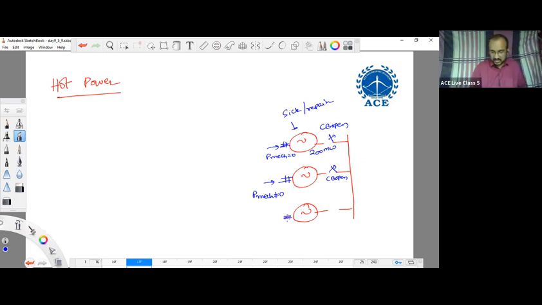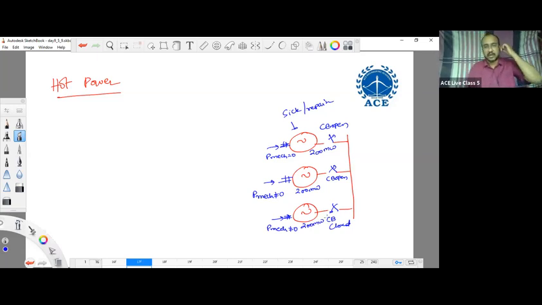And the other generator here, P mechanical is not equal to zero, the circuit breaker is closed, and it is delivering the power. Now, what about this second unit? Suppose this is also 200 megawatt, and this is also 200 megawatt. So, what do you mean by hot power here?